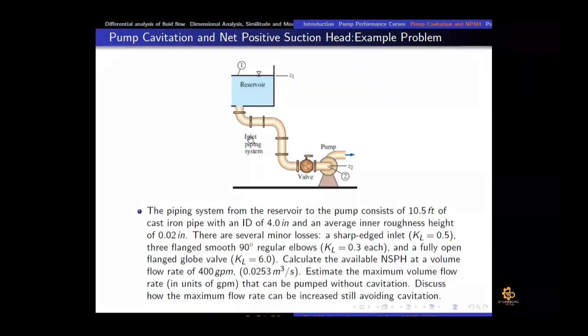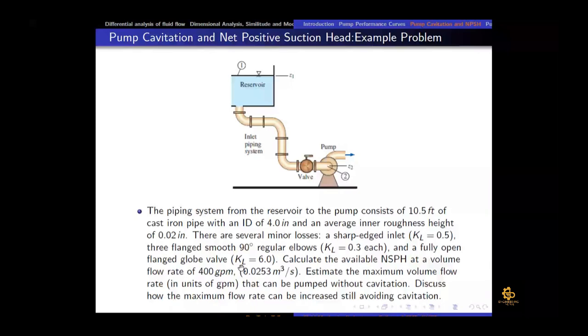We can see those elbows here, 1, 2, 3, and there are flanges here. You can see the flange in the diagram, right? KL value is 0.3 each. Then a fully open flanged globe valve, which is also installed to control the volume flow rate coming into the pump. Even if it is fully open, it would have some kind of flow disturbance, so the KL value is equal to 6.